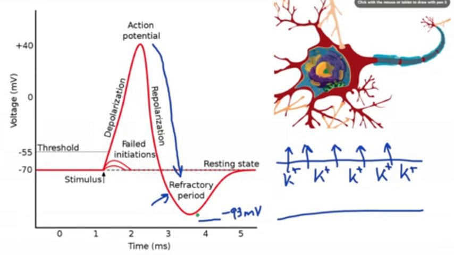And that's going to cause the membrane potential to eventually reach back to its resting state. This is the entire action potential, looking at depolarization, repolarization, hyperpolarization, and it getting back to the resting state.